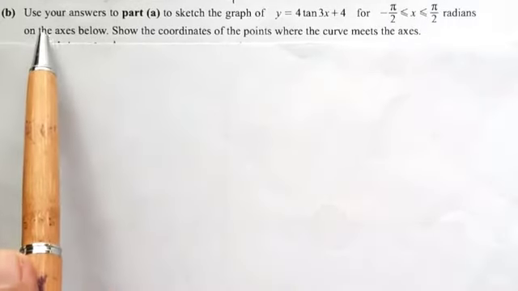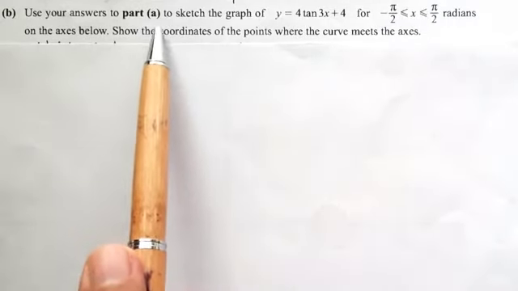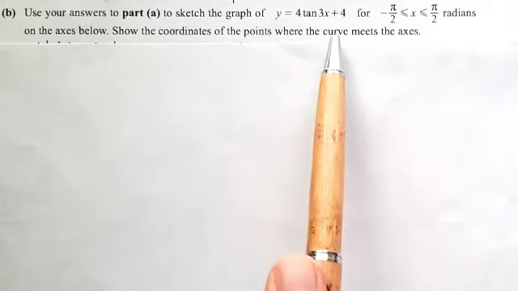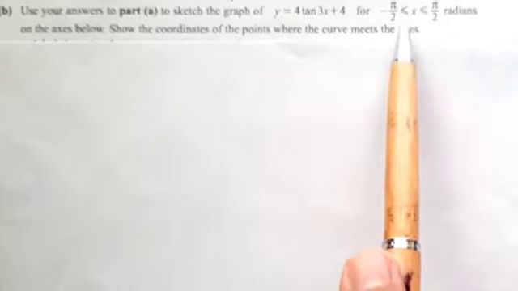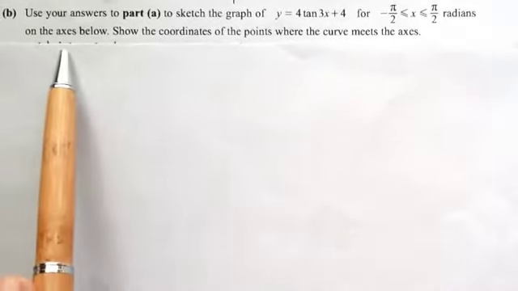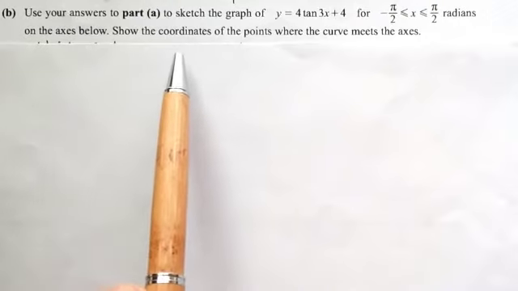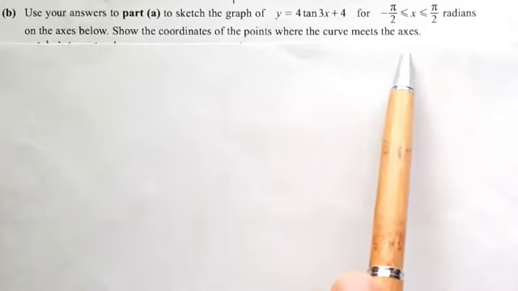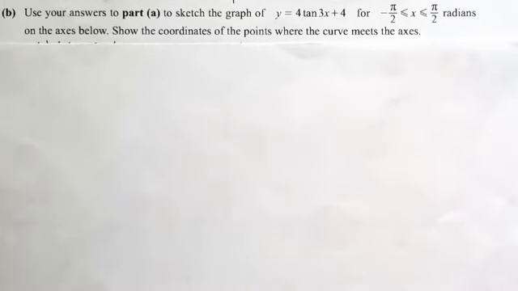Part B. Use your answer to part A to sketch the graph of y equals 4 tan 3x plus 4 for x from minus pi over 2 until pi over 2 radians on the axis below. Show the coordinates of the points where the curve meets the axis.